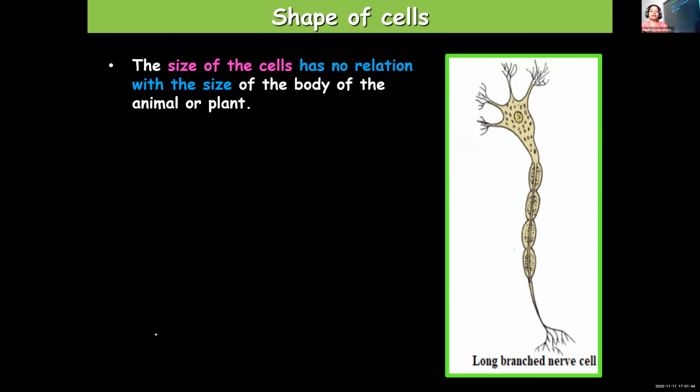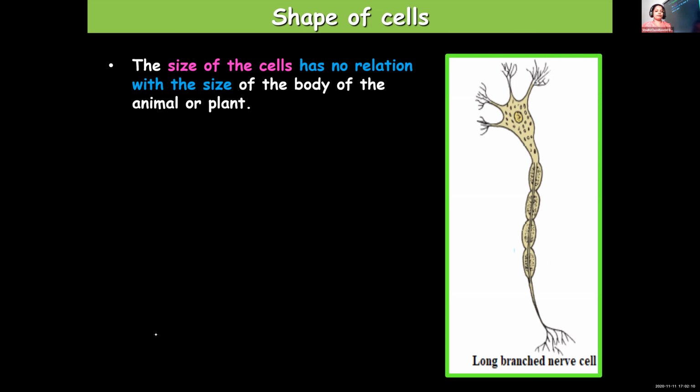So you might think that the cells in an elephant's body are bigger, whereas in a rat they are smaller. But actually, the cells will be more or less of the same size. In an elephant as well as in a rat, the cell size will not have much difference.